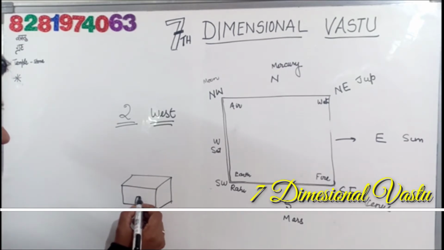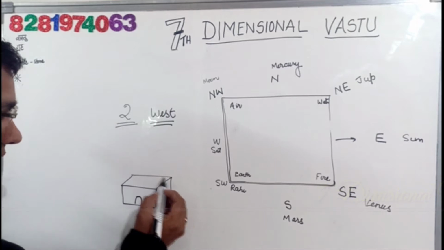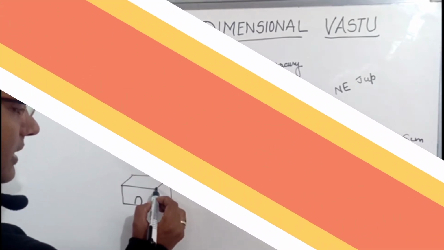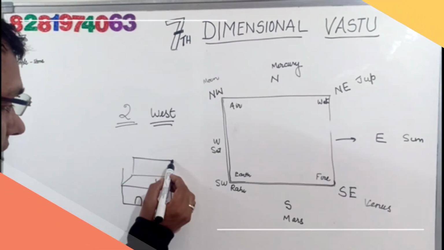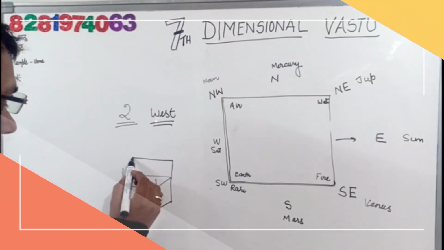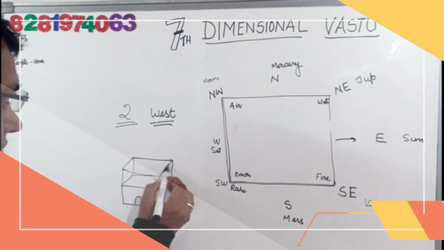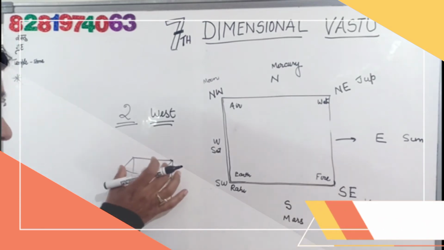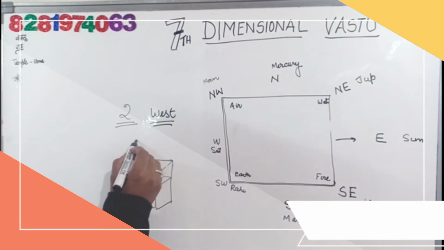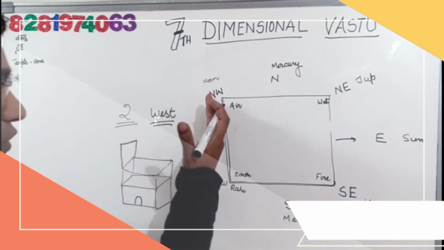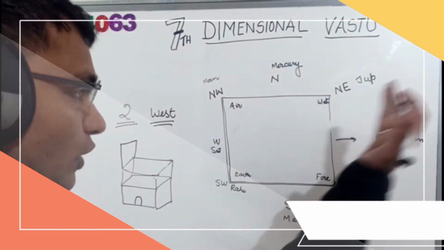Okay, this is the door. So I want to say that if this house is going up to a second story, the highest point should be on the west wall. There should not be obstruction.